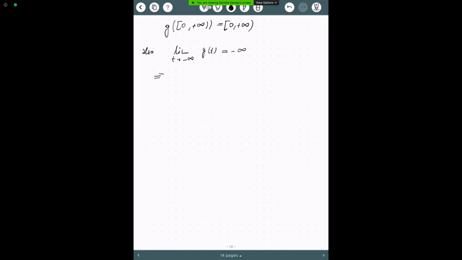So this implies that g of (minus infinity, 0] is equal to (minus infinity, 0] because the function g is continuous, right?